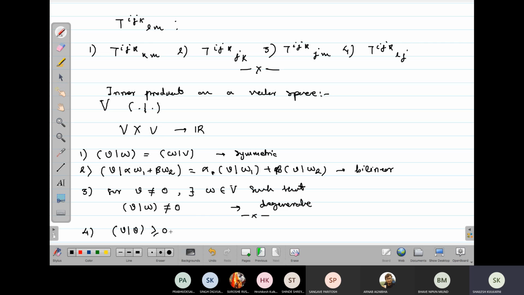It is 0 only when V is the 0 vector, so equality holds only when V equals the 0 vector. So this is for Euclidean vector space. For other types of spaces, for example the space which we are going to use, Minkowski space, this does not hold.